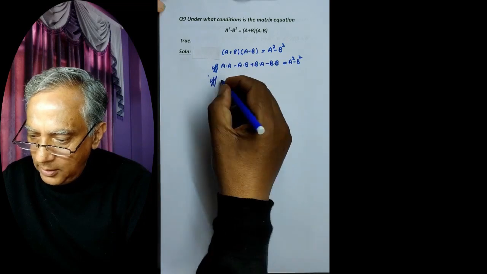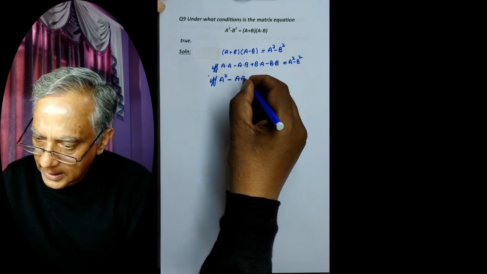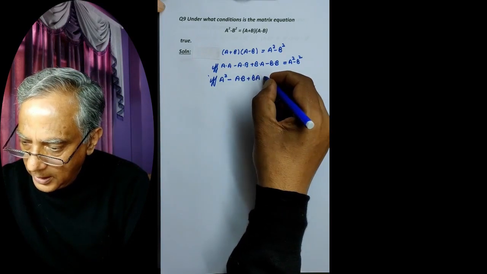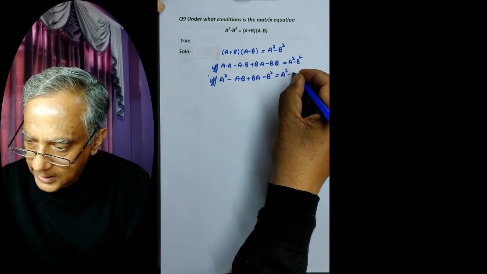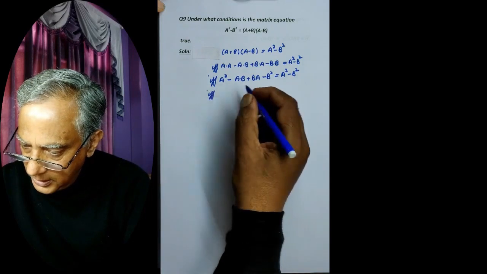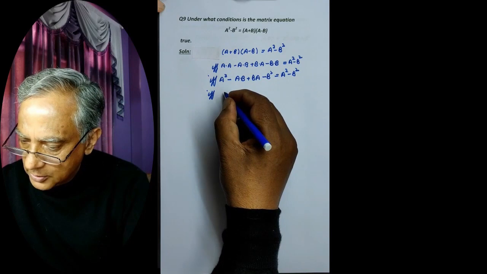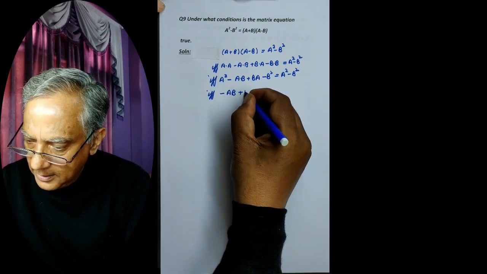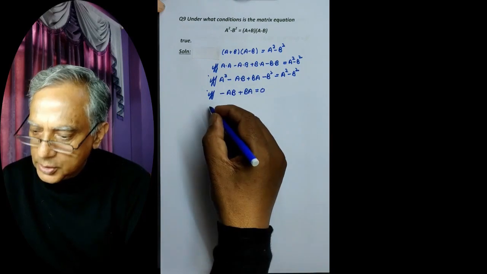If and only if this is A square minus A into B plus B into A minus B square is equal to A square minus B square. If and only if, now A square cancels with A square and minus B square cancels with this. If and only if minus AB plus BA is equal to 0.